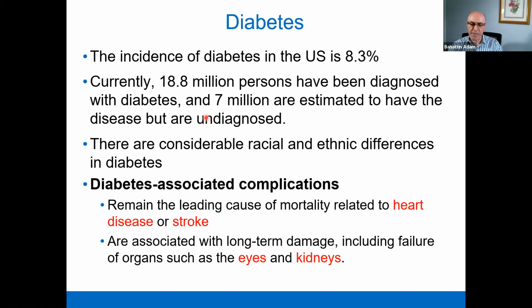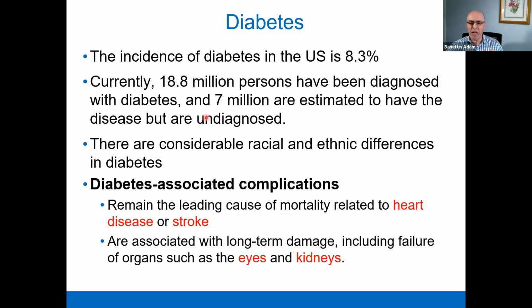Now, diabetes is associated with the level of glucose, and maybe it is one of the most important diseases. The incidence of diabetes in the US is about 8.7%.